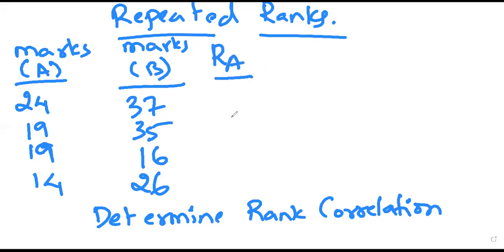Next, what would be the ranking here? Write this explanation. The highest marks in subject A is equal to 24, which is ranked number 1.